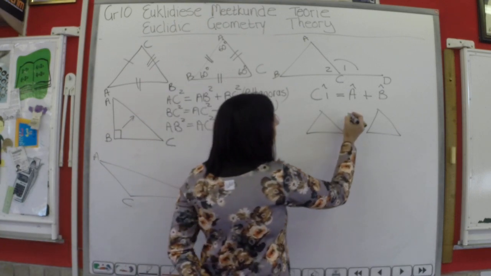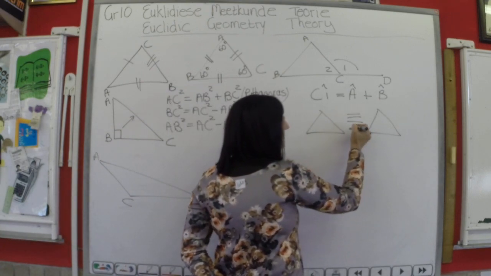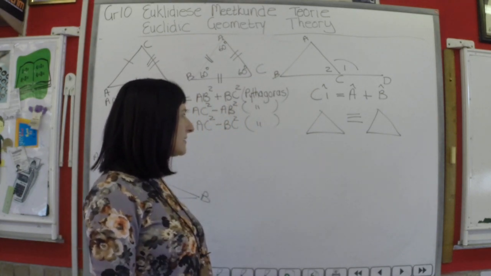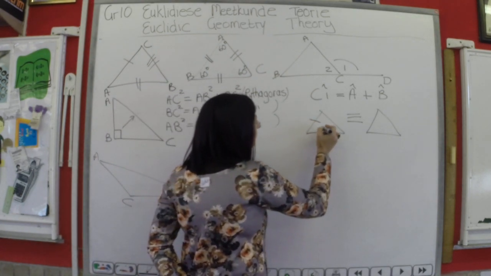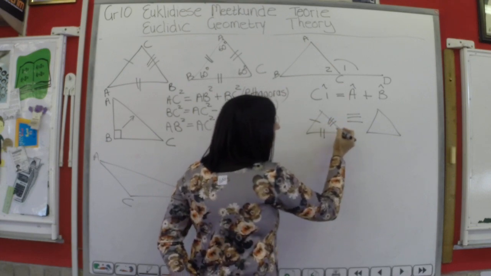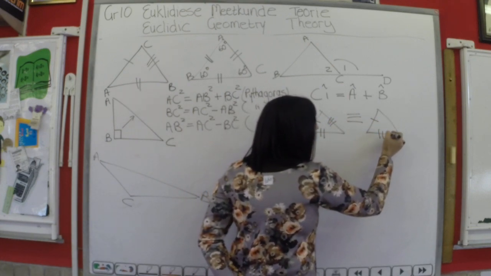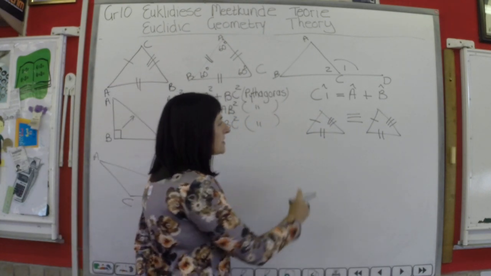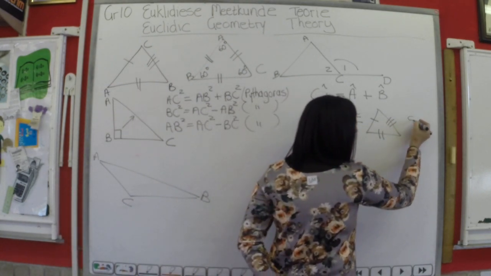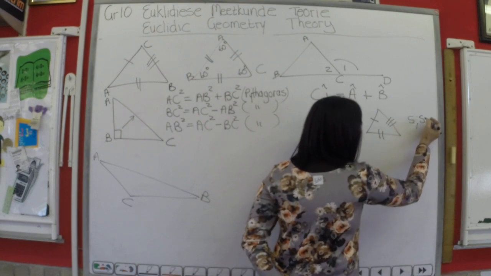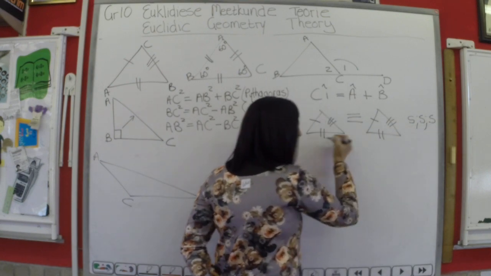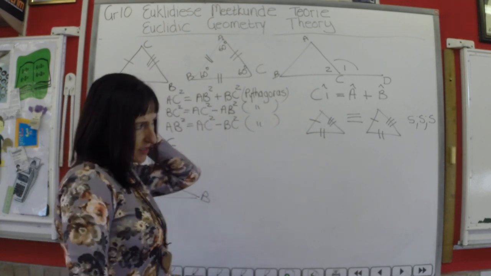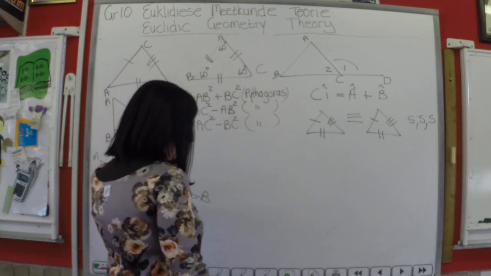So, two triangles are congruent, sien die teken van kongruensie wat julle in graad 8 en 9 geleer het. Wanneer in elke driehoek 'n sy is wat ook gelyk is aan 'n sy in die ander driehoek. So the reason for this congruency is side, side, side. These two triangles are identical because of the reason side, side, side.